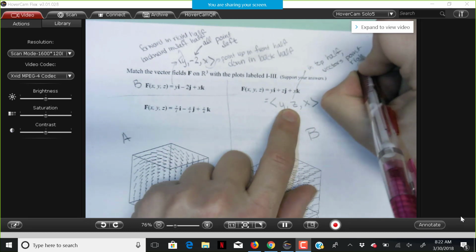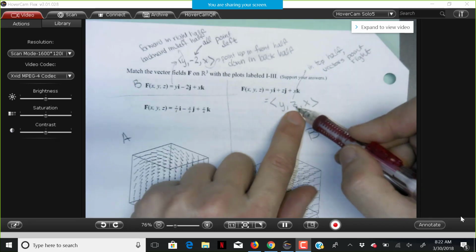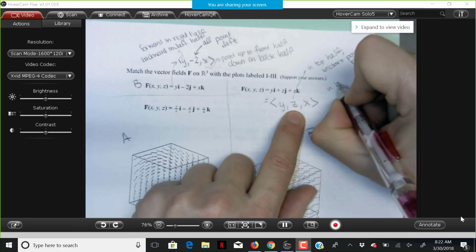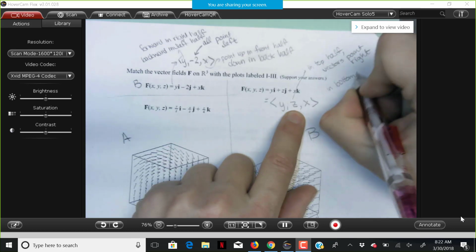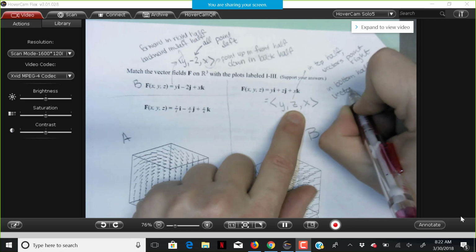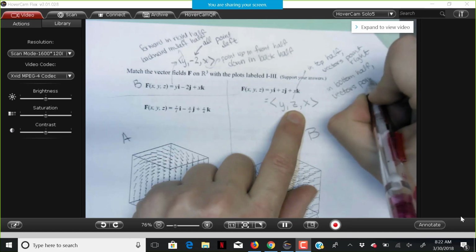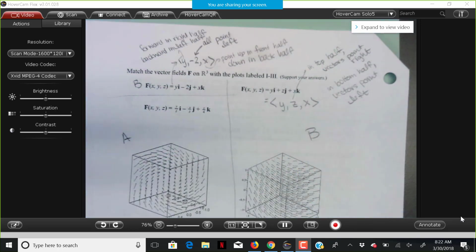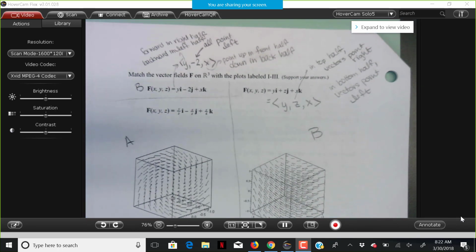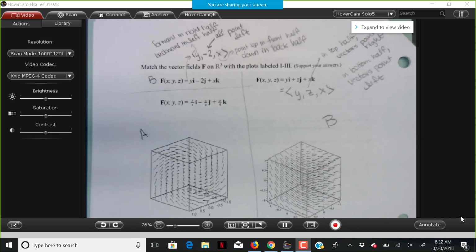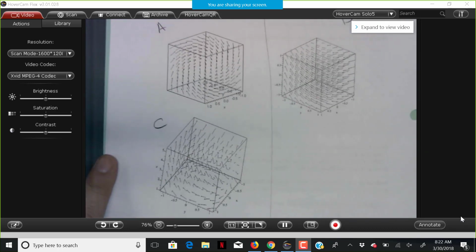But in the bottom half, which is when Z is negative, they would point to the left. So out of A and C, which one seems to fit that?